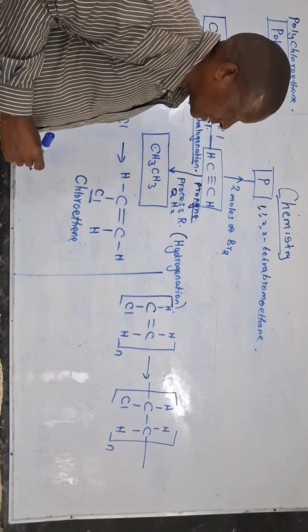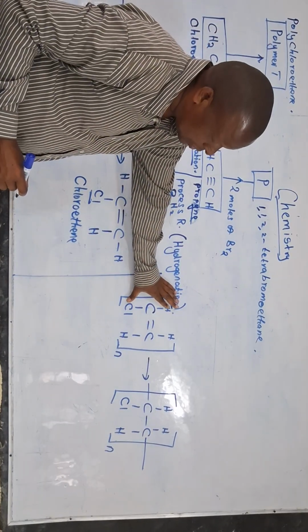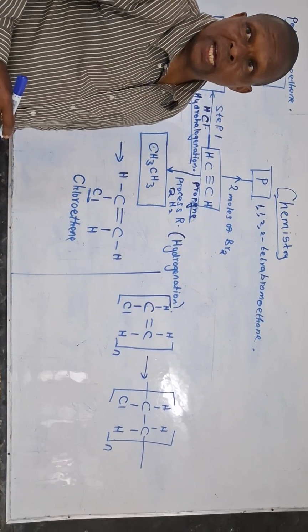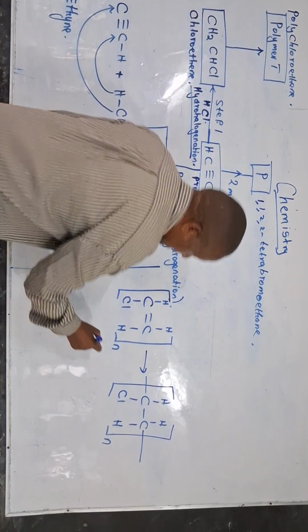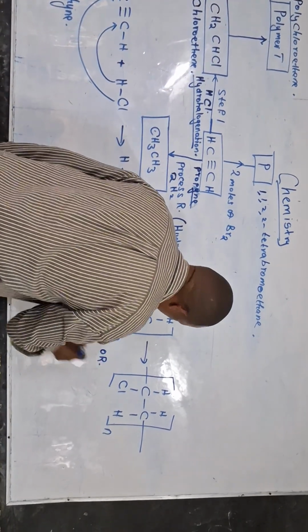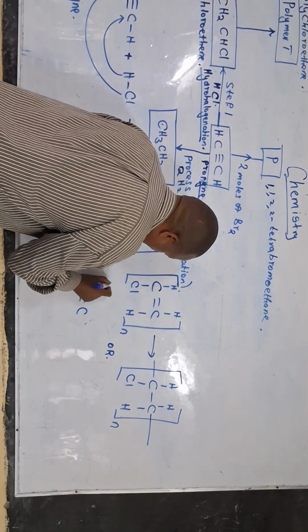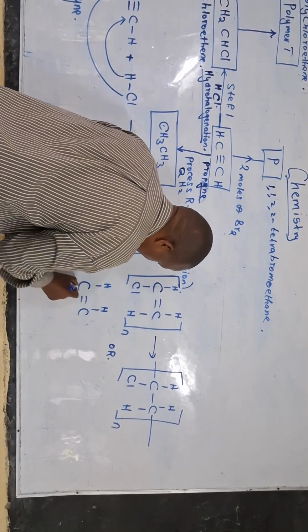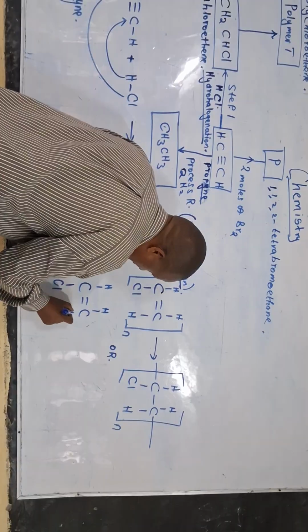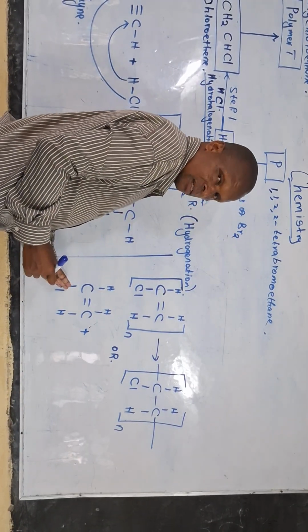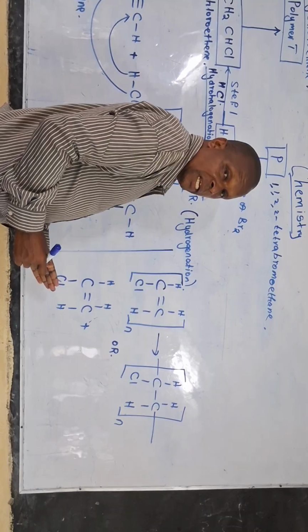Alternatively, you can draw 2 molecules of this, and then show how the 2 of them have been bonded together. You can have C, double bond C, then hydrogen, then hydrogen, then chlorine, then hydrogen, plus another one like this. Let us show 2 monomers. Let us make our N to be 2.